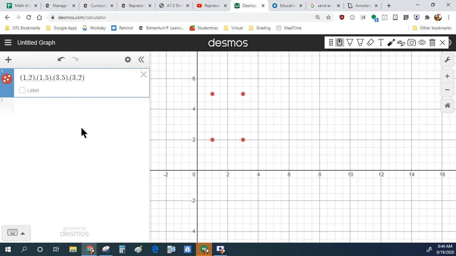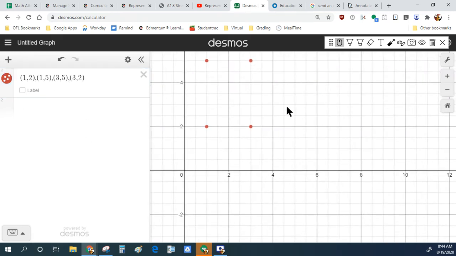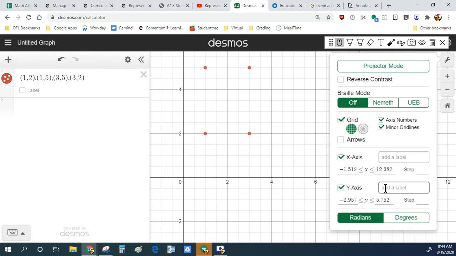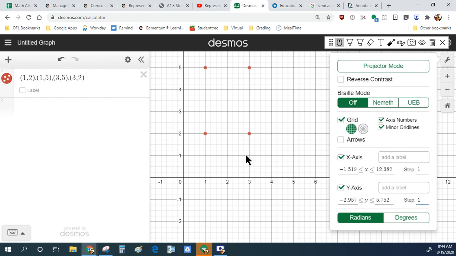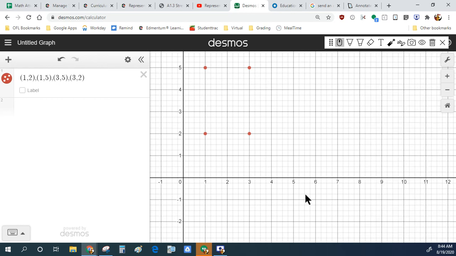So here's my rectangle. I just got rid of that and now I can see my rectangle. I'm going to do a quick change here so I can see it individually. Changing these things called steps lets me see the numbers better. So what I can see here is from here to here, this is 2. And from here to here, this is 1, 2, 3.